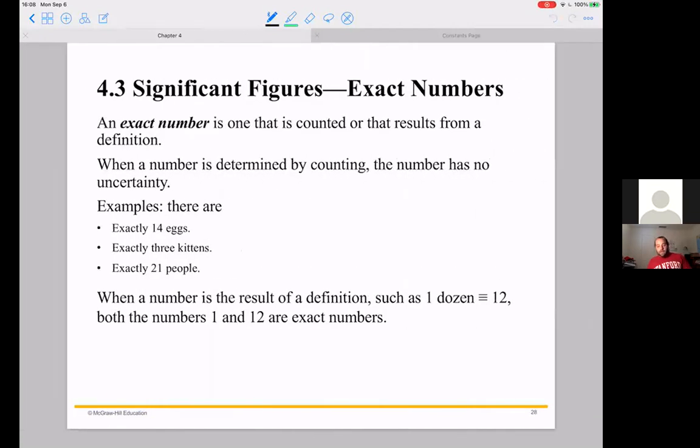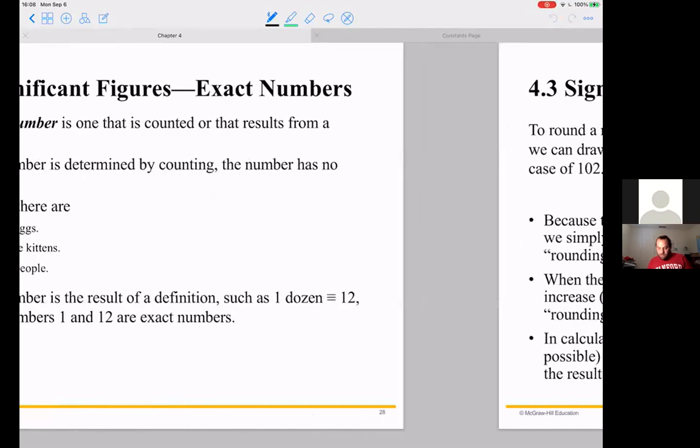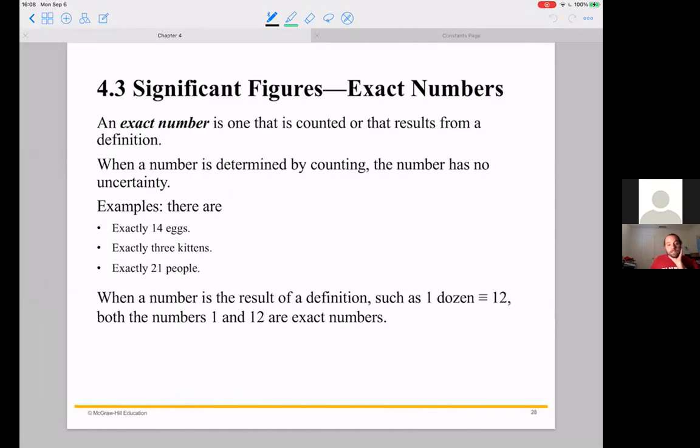One more thing to talk about when we're talking about sig figs is that there are some numbers that you don't have to worry about sig figs for. Those are called exact numbers. For example, anything that is a count is an exact number. So if I said 14 eggs or 3 cats, you're not talking about 2.9 cats or 3.1 cats.